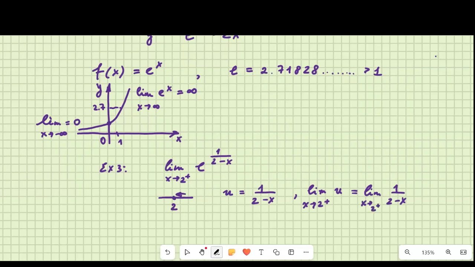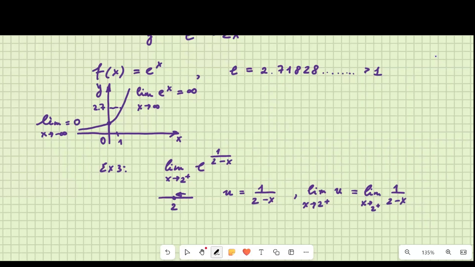Well, when we are approaching 2 from the right, our numbers are a little bit greater than 2, like 2.1, for example. If I plug in 2.1 over here, I'm going to get 2 minus 2.1, which gives me a small negative number. So I'm dividing 1 by a small negative number.